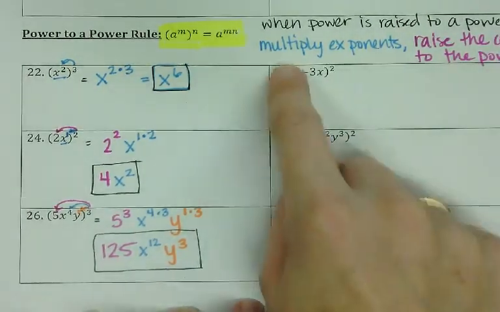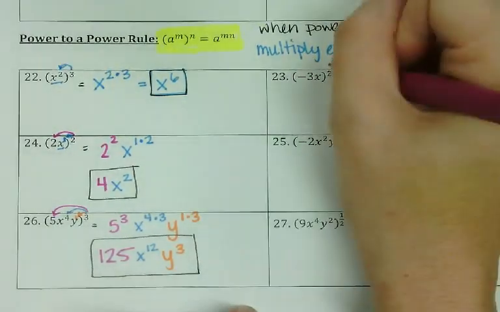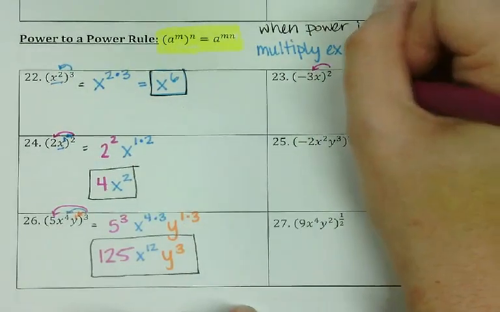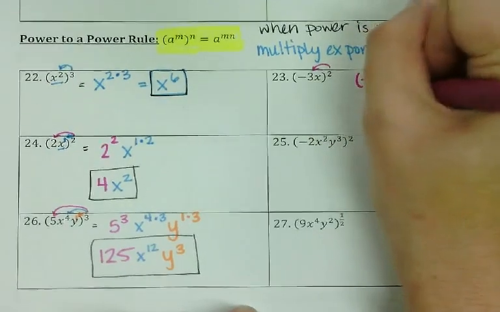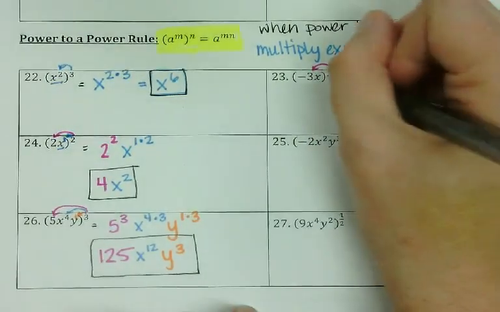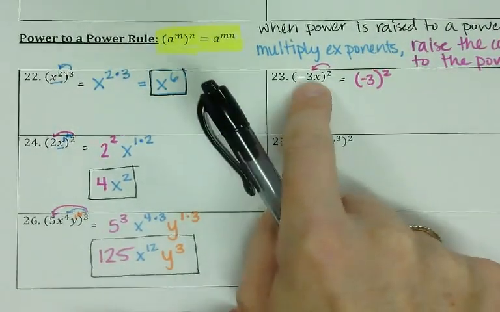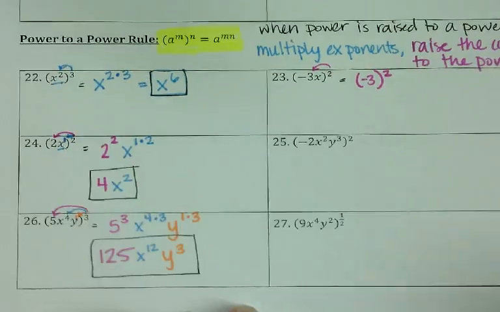So when you have a negative coefficient, when you raise a negative coefficient to that power, I want to give you a little hint. Please keep it in parentheses. Because if you don't, then it gets just really grumpy with us. So it's negative 3 squared.